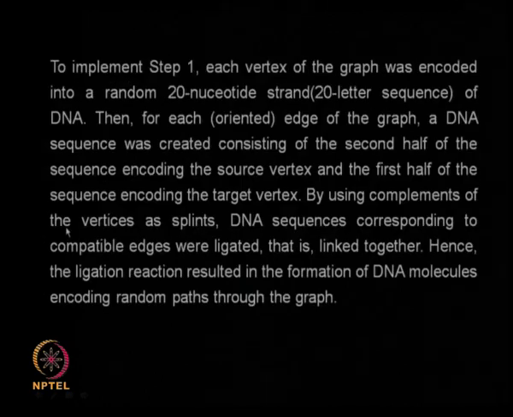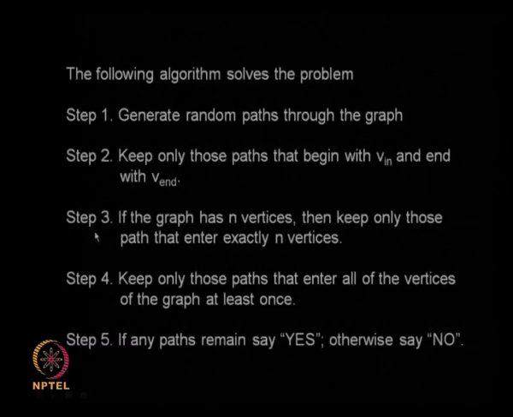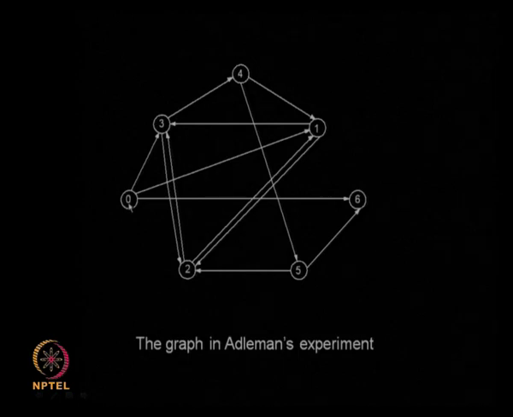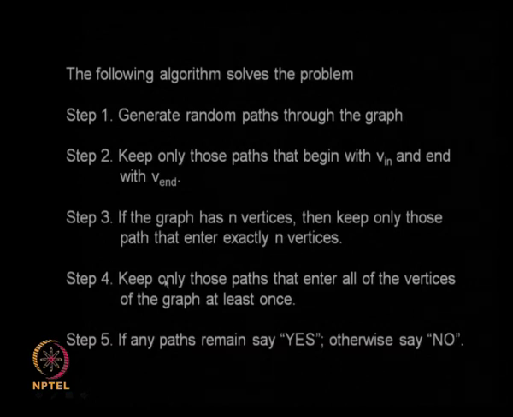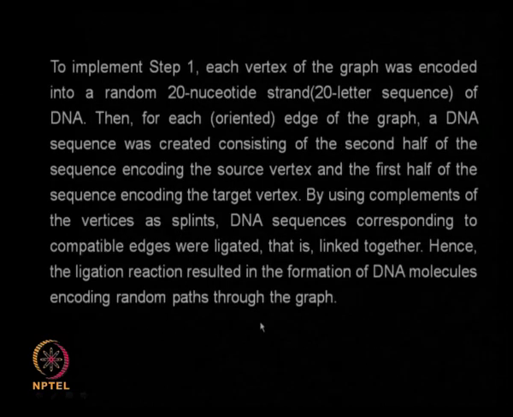So, 0, 1, 2, 3, 4, 5, 6, the length is 7, right. Then you must make sure that it passes through each one of the vertices of the graph, and then finally check whether there is a path which satisfies all these criteria.